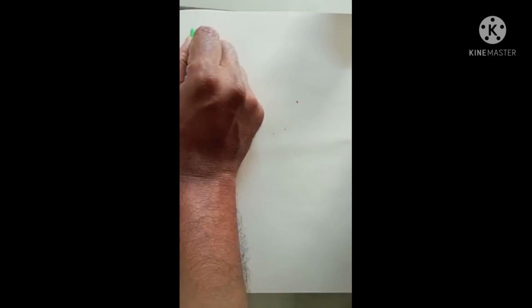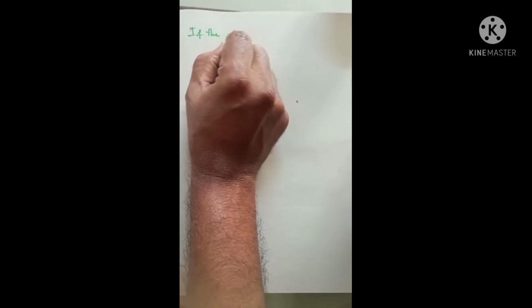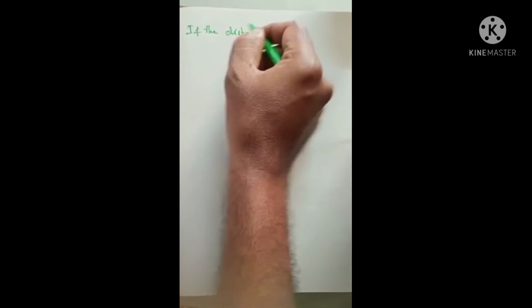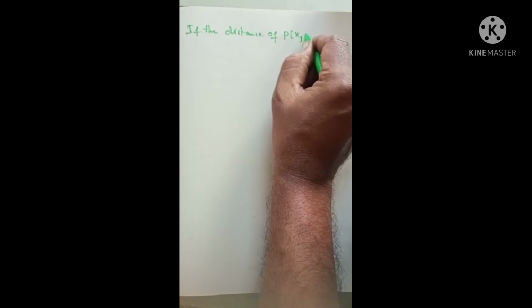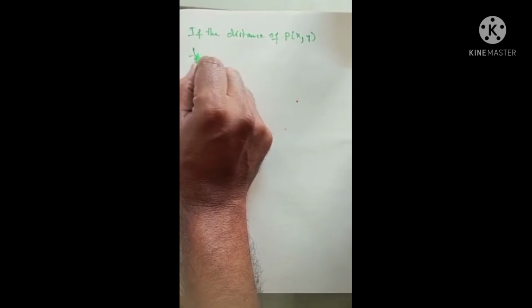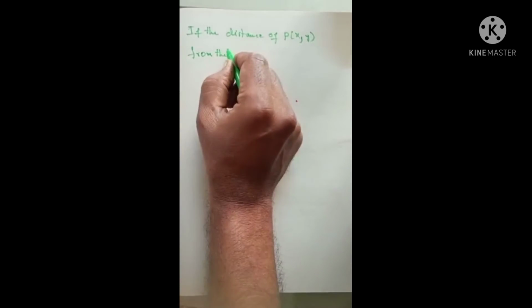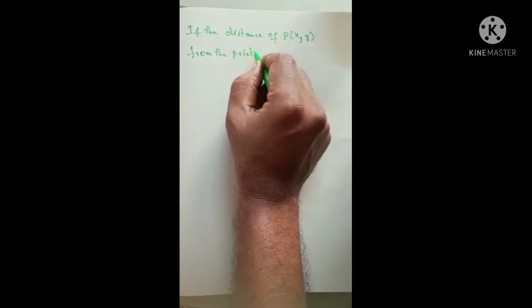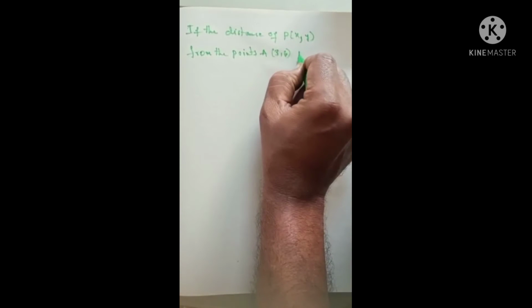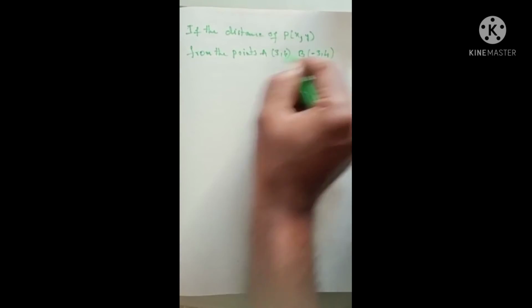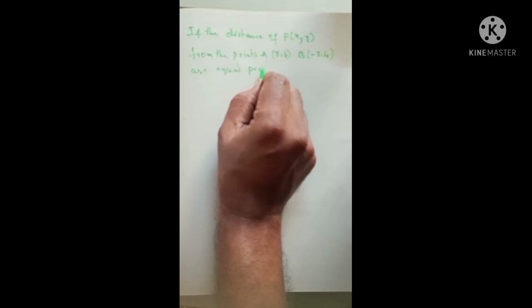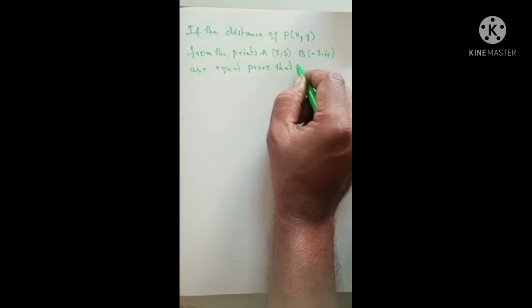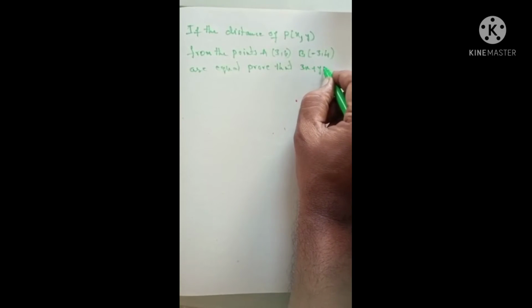The fourth pattern question is: if the distance of P (x, y) from the points A (3, 6) and B (-3, 4) are equal, prove that 3x plus y is equal to 5.